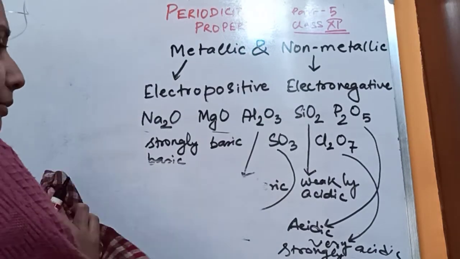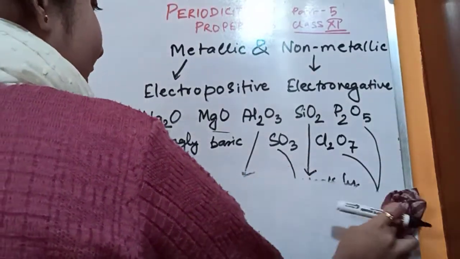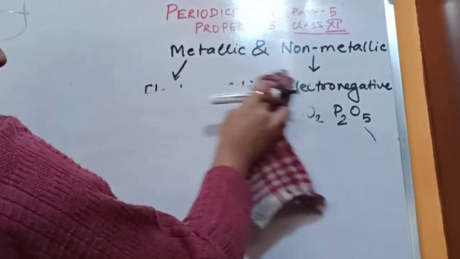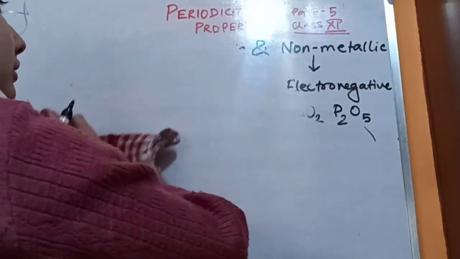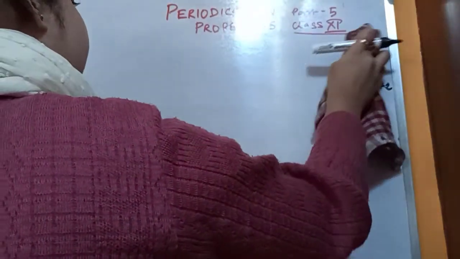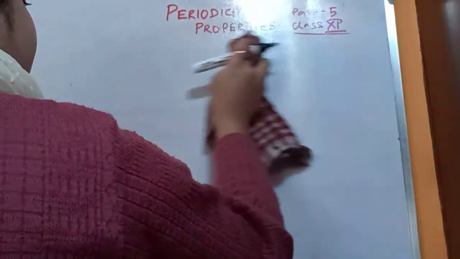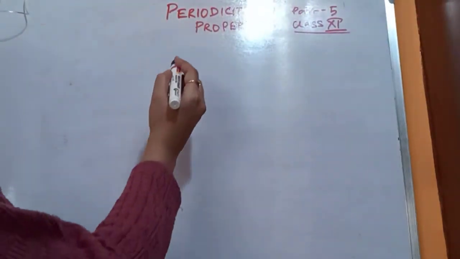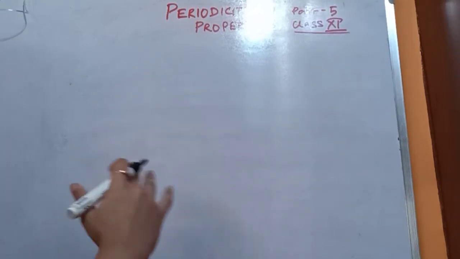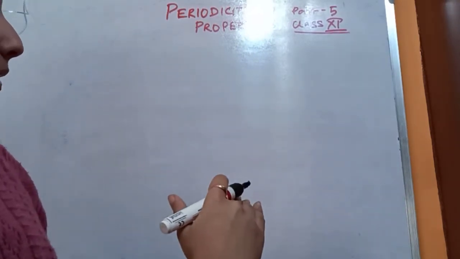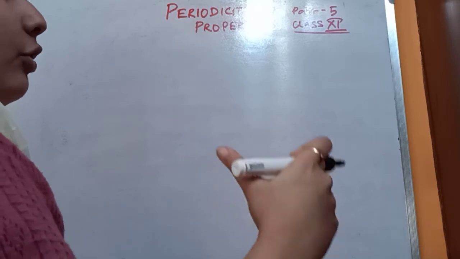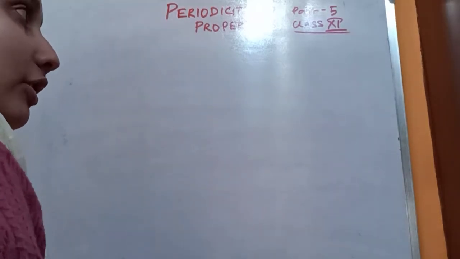After this, I'll come to oxidizing and reducing character. This is also related to the metallic and non-metallic character. How is it related? Just as I have told, across a period the nuclear charge increases, holding the outermost electron strongly.